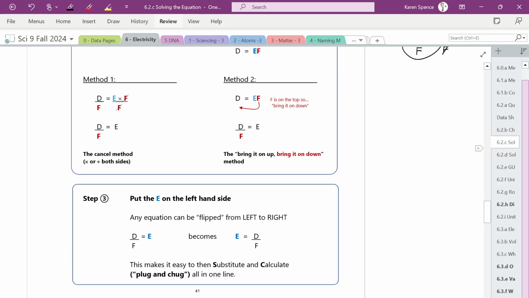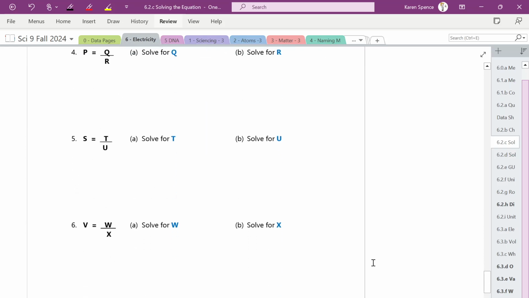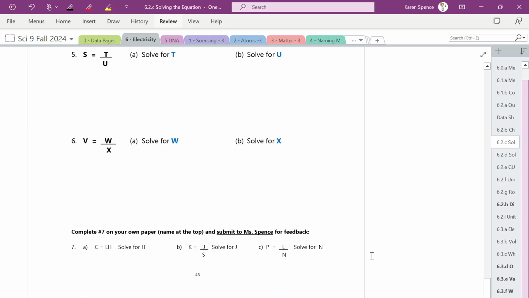So pages 42, 43. And you have to show me number 7. I think it's number 7. Yeah, show me number 7.